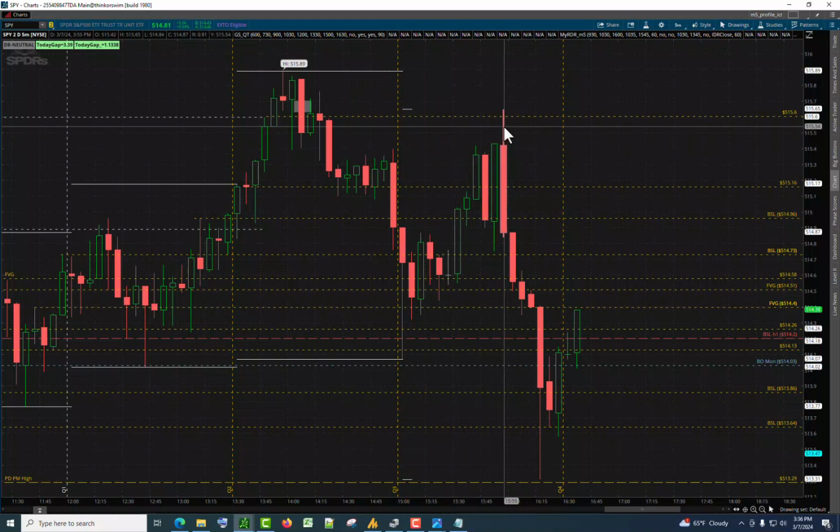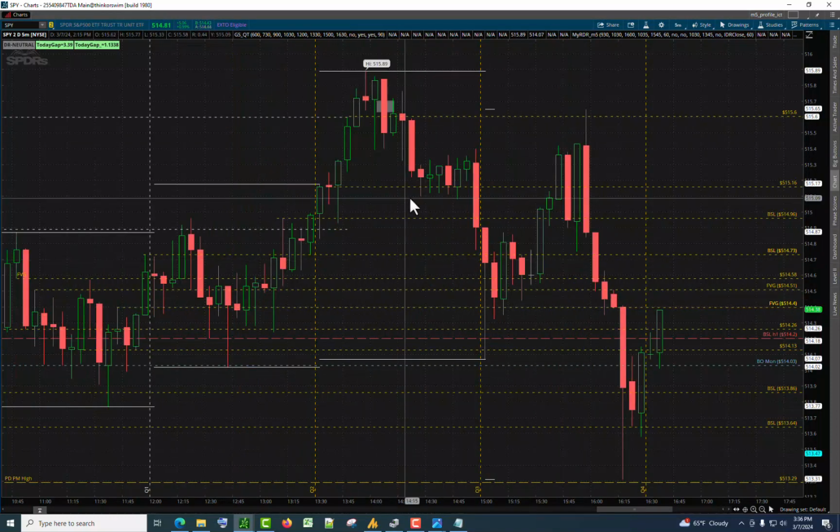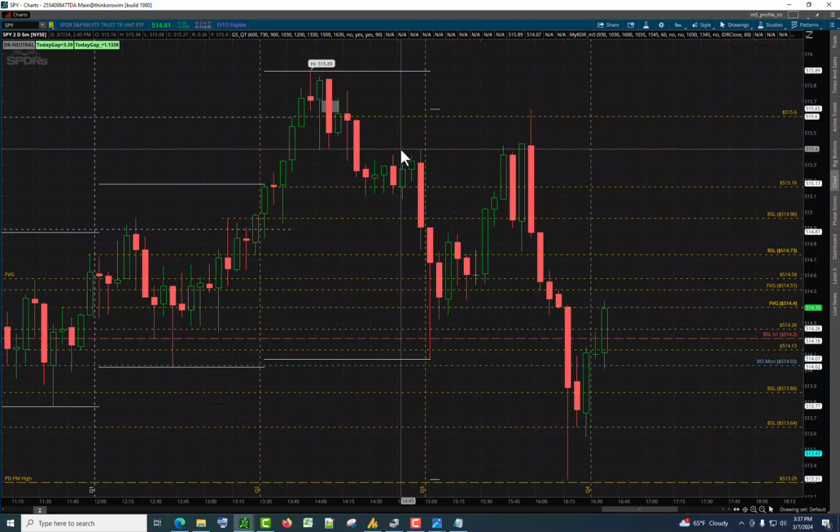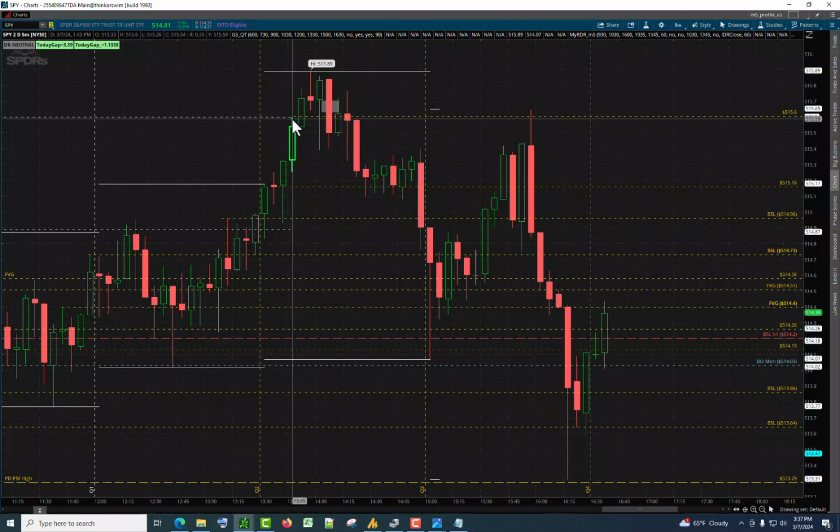Right here we see the setup also. We see it break the structure, and right here we see the fair value gap right there, and this is a fourth breakout exactly at that level.